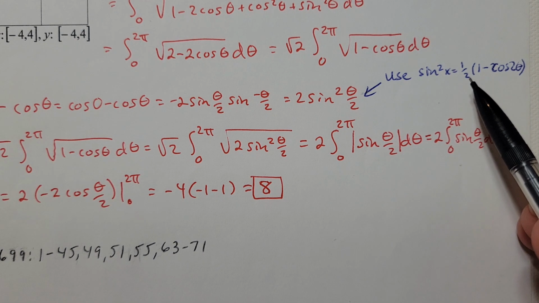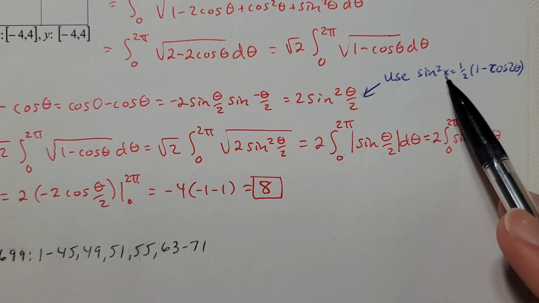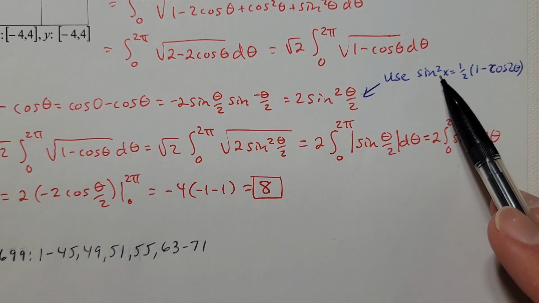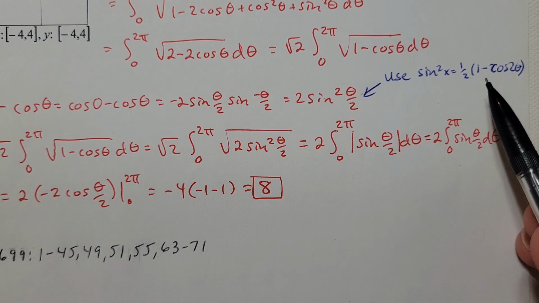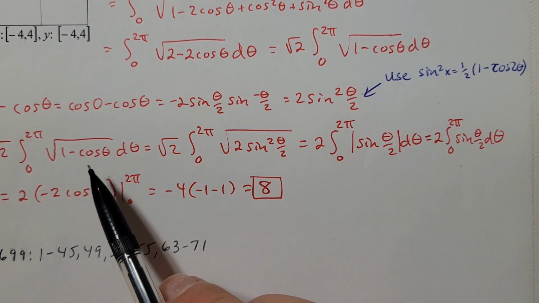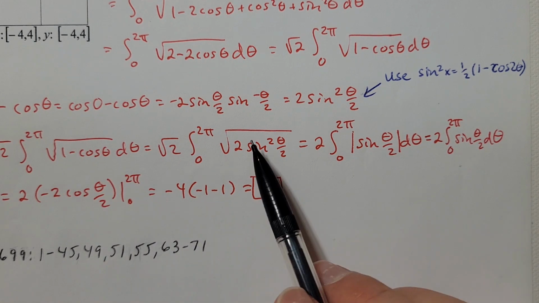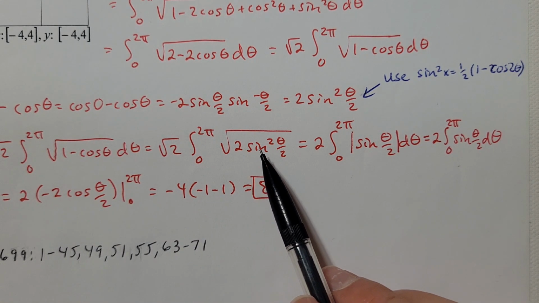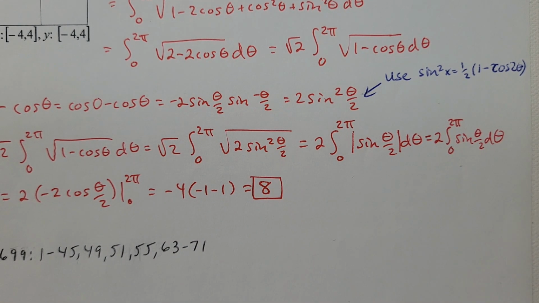And if I multiply both sides of this equation by 2, then 2 sine squared theta is equal to 1 minus cosine of 2 times theta over 2. The 2's are gone there, right? So 1 minus cosine theta is the same thing as 2 times sine squared theta over 2.